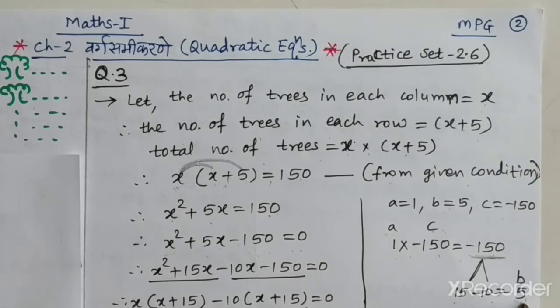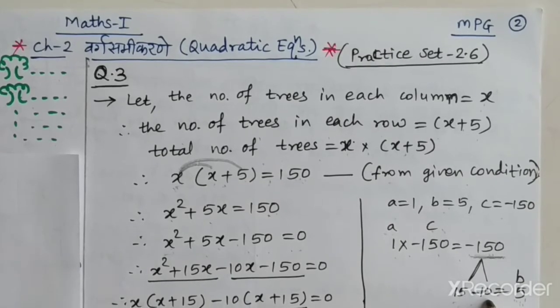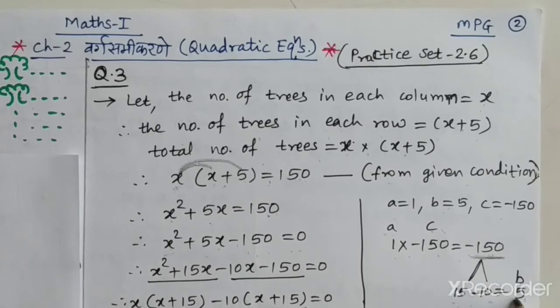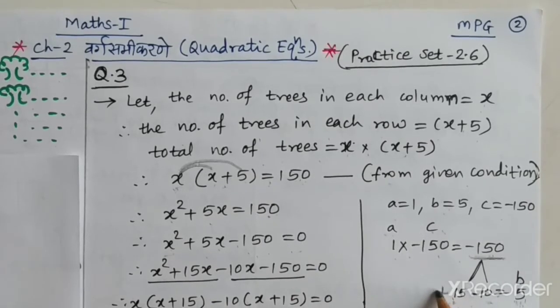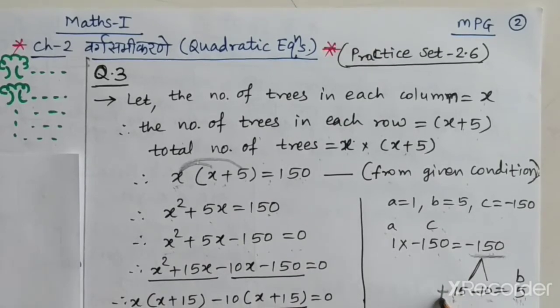So this pair is selected: 15 and 10. Now decide their signs. Give the sign of b to the big number. 15 is big, so give the plus sign to 15.